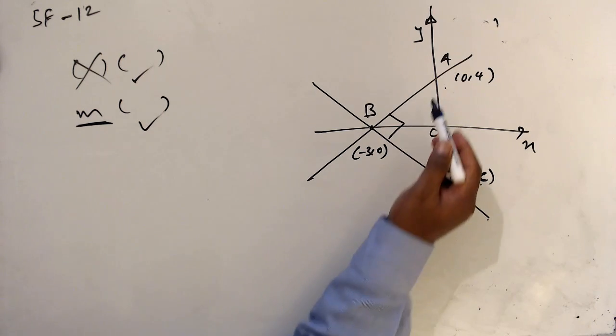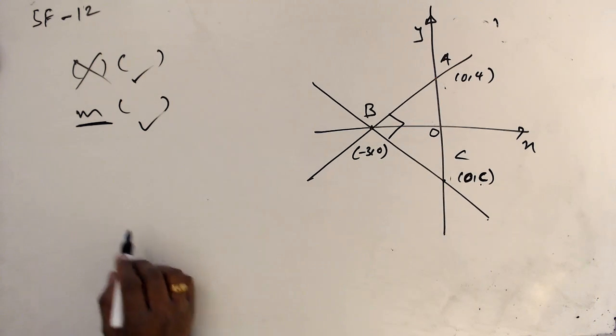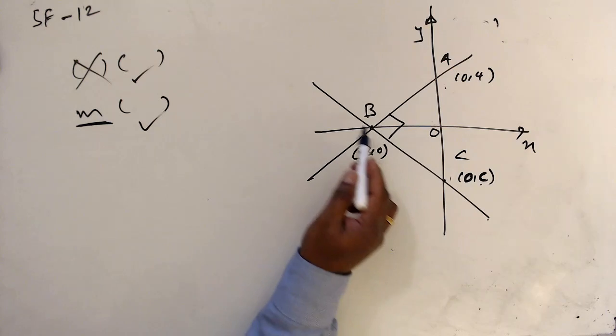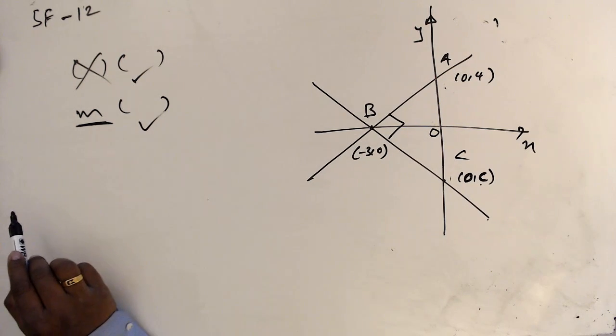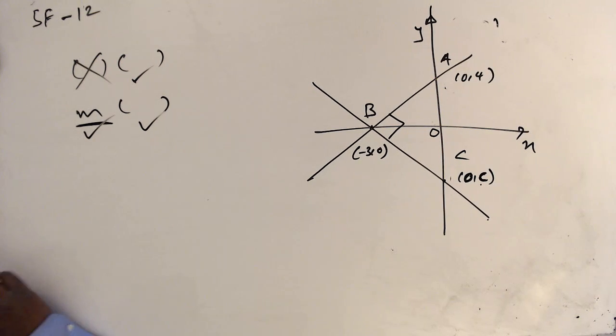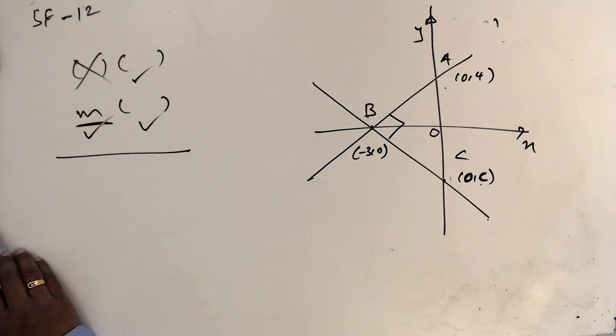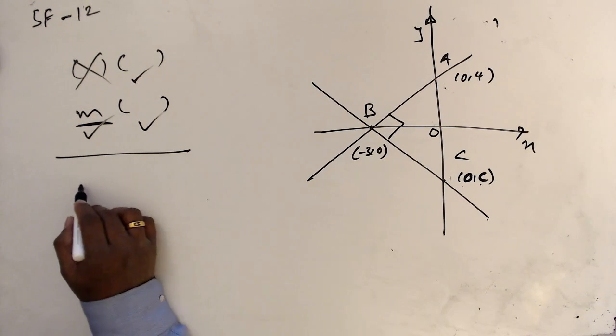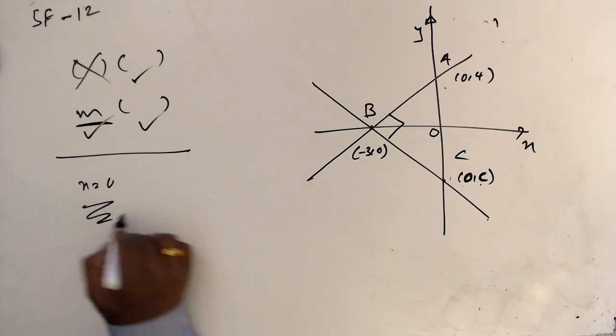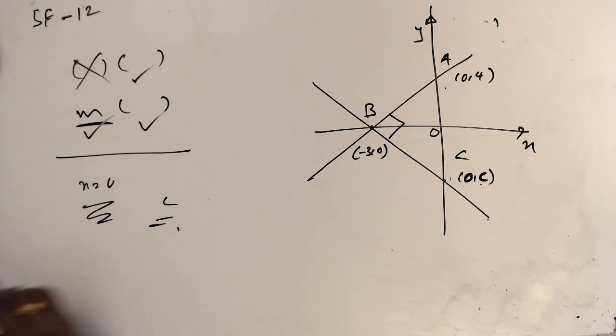Yes, because I know the AB gradient. Then since they are perpendicular, I can find the BC gradient. Then I have a gradient, and then I can write the equation. And then after that, when I put x equals 0, I can find C. So this is the line.